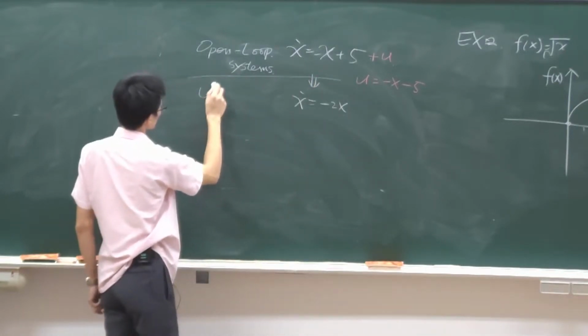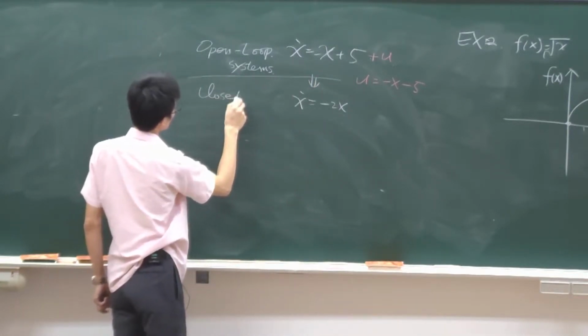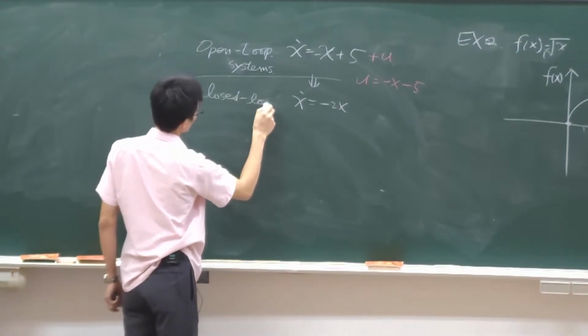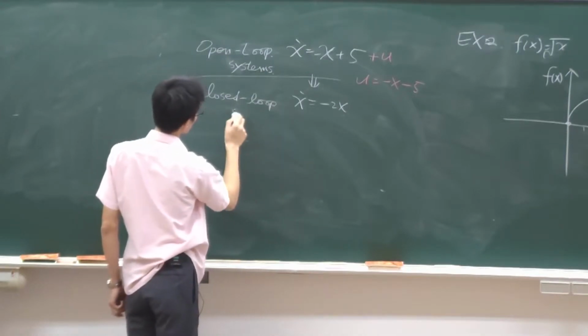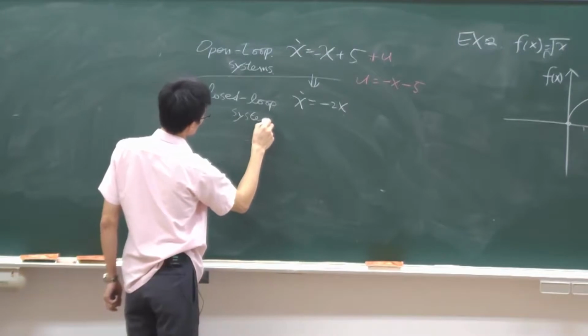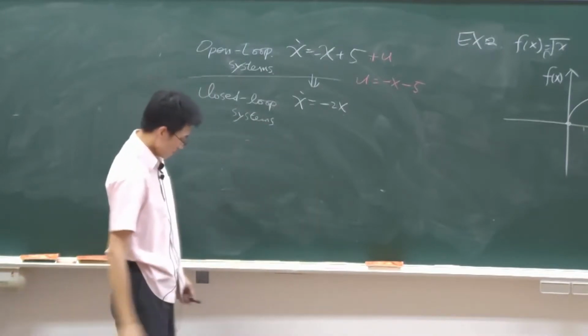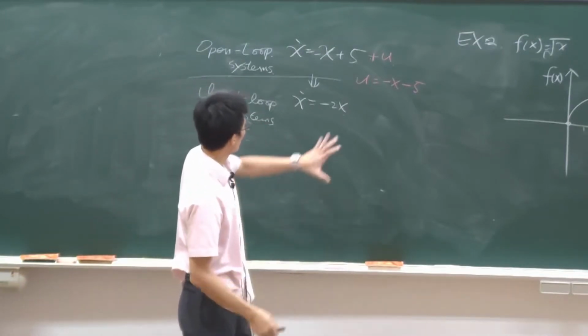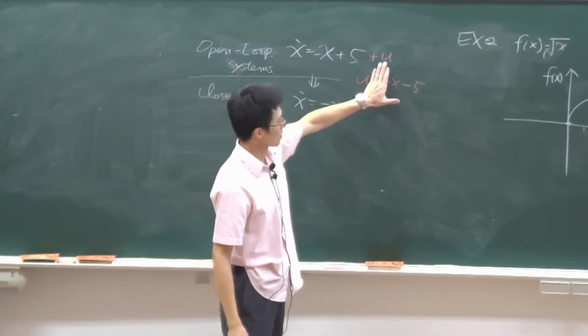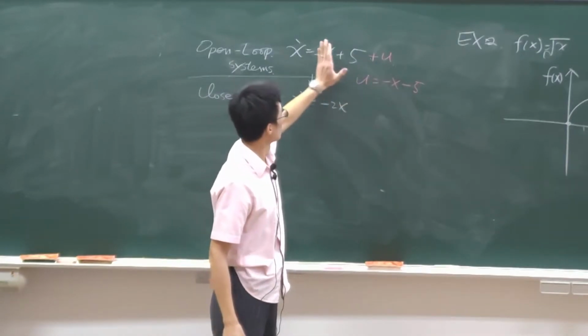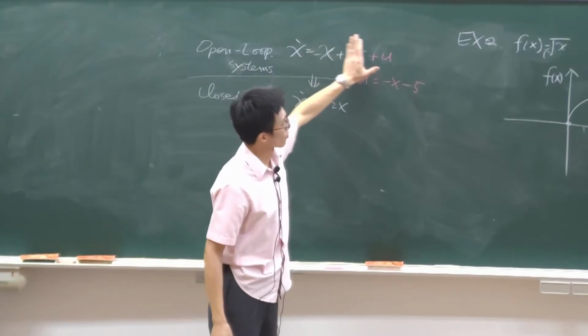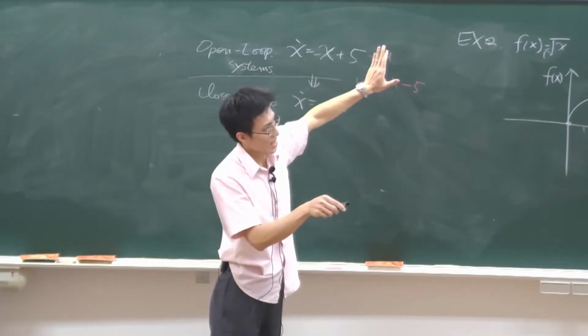This guy is a closed loop system. So what I'm trying to say is, given the control, it changes the right-hand side of the equation. In other words, sorry.